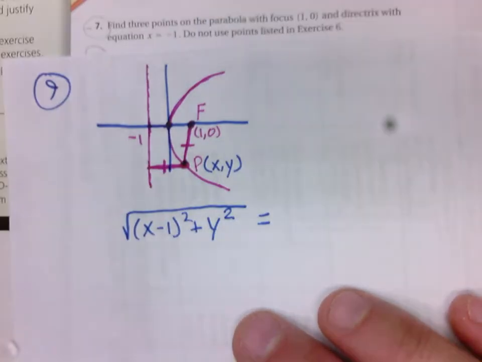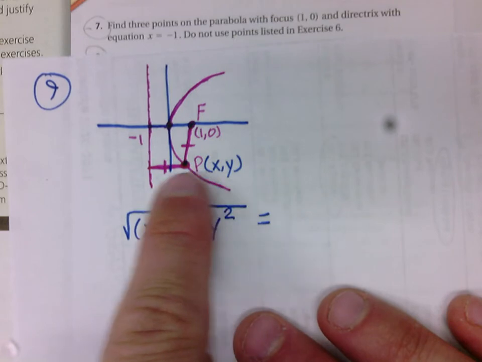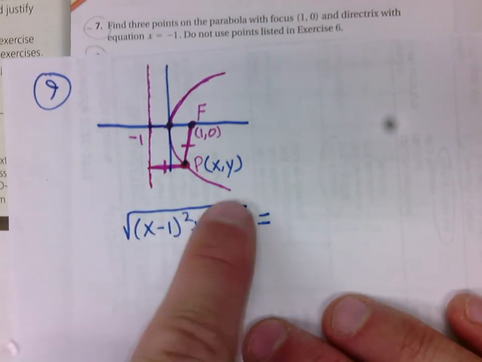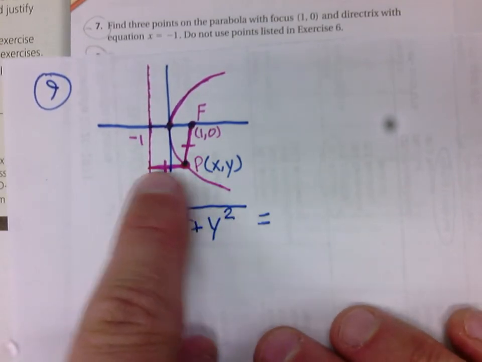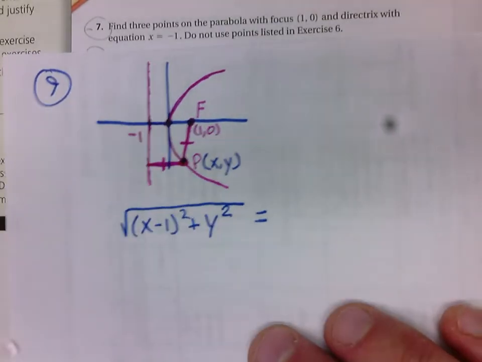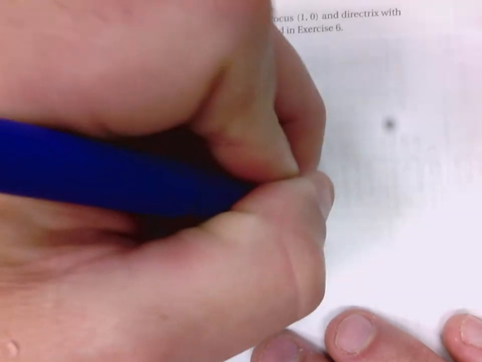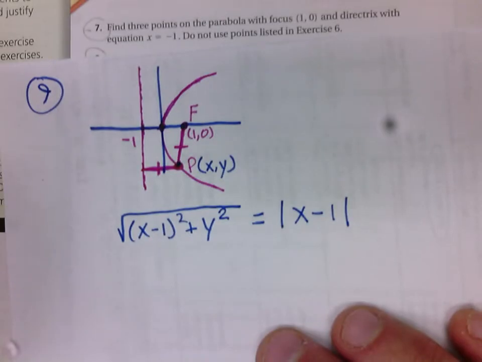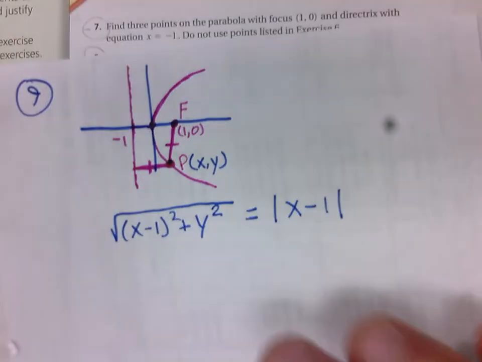And that distance equals, the good thing about this, it's always a horizontal distance, so we don't need a distance formula here. We just use the absolute value of x minus 1, actually x plus 1, just like we did when we learned this before.